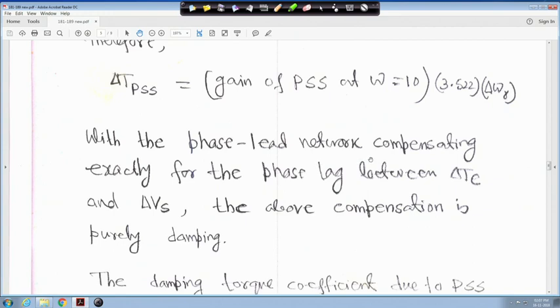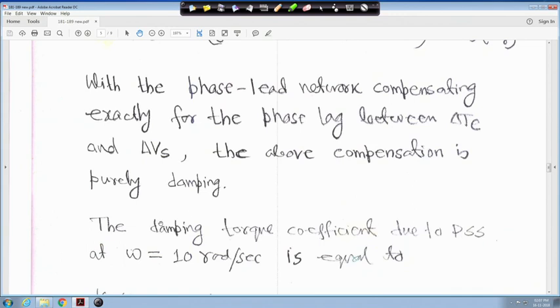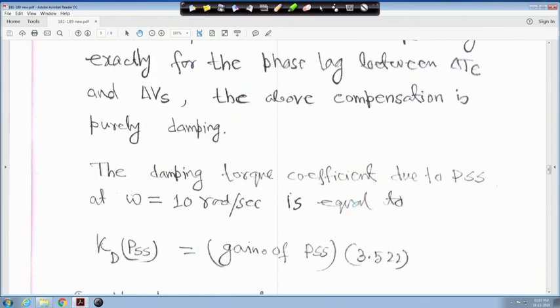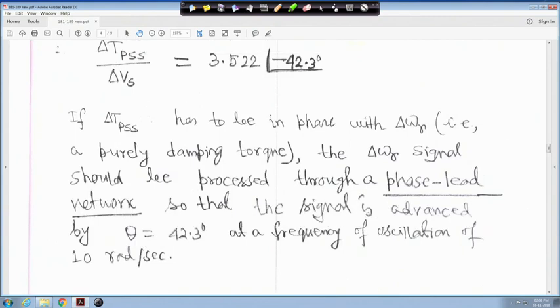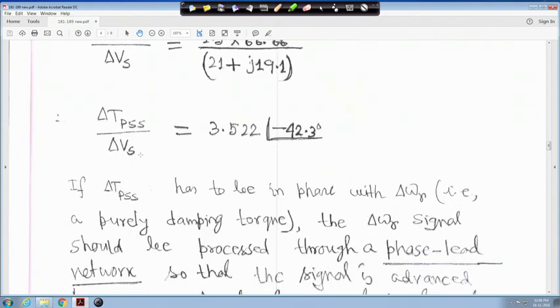With the phase lead network compensating exactly for the phase lag between delta Te and delta Vs, the above compensation is purely damping. Therefore, the damping torque coefficient due to PSS at omega is equal to 10 radian per second is Kd PSS, that is due to PSS, is equal to gain of PSS into 3.522. That means delta Vs, the output of the stabilizer signal, must be some gain of PSS, processed through a lead network.